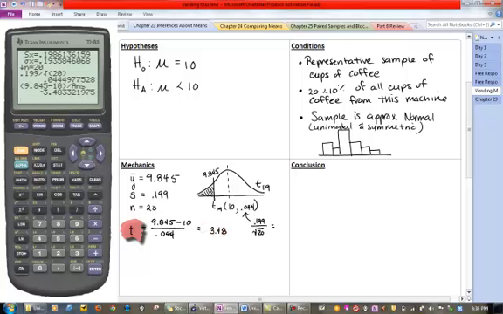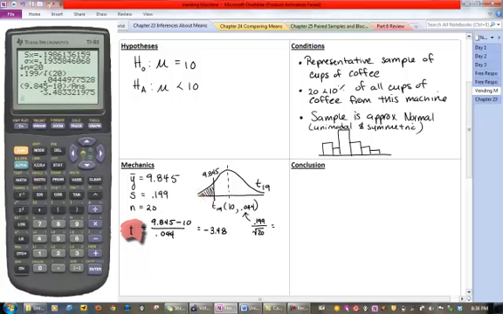Okay, so we know we're pretty far below the mean, which if we were using the normal model, we would feel pretty good with saying that the coffee machine is shorting us coffee. But remember, this t model is a little bit wider, so it may not be quite as meaningful, and this area may actually not be quite as small as it would have been if it was the normal model.